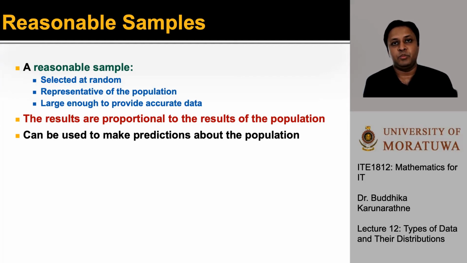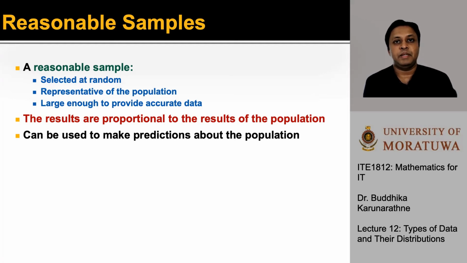It cannot be too small. If the population has thousands of data points, for example, and the sample size is less than 10, that is probably not sufficient. The sample size is not big enough in that kind of situation. So it should be large enough to provide an accurate representation of the population.